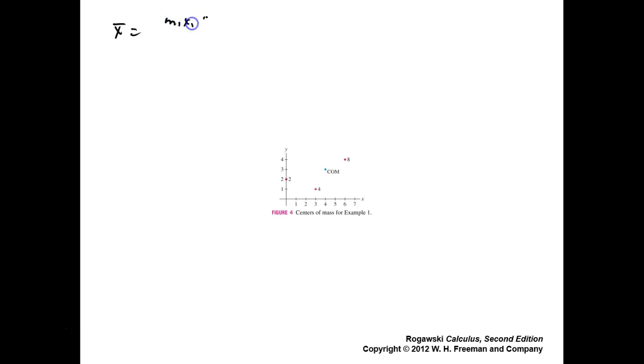X bar equals M1x1 plus M2x2 plus M3x3, all divided by M1 plus M2 plus M3. I mean, when you write it this way, it almost looks like it makes sense, that you're adding the products together and dividing by the masses, and that gives you the x's.